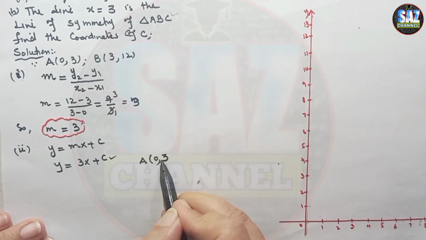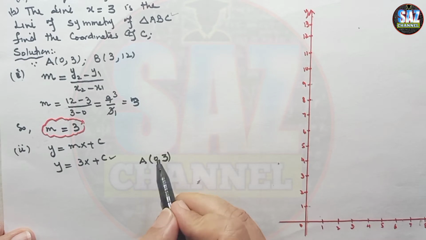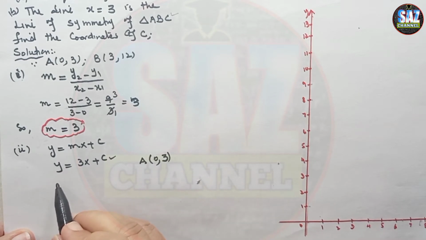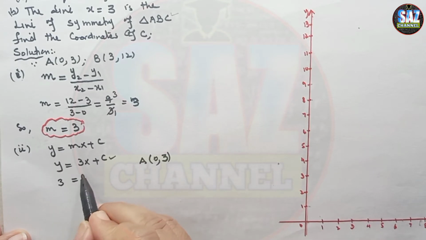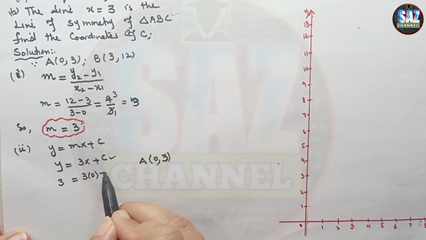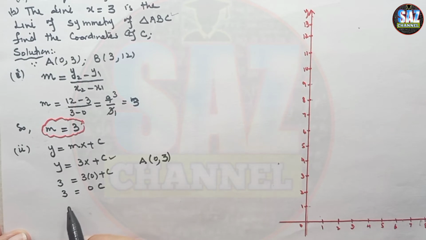So I will be choosing A (0, 3), means the x value is 0 and y value is 3. So the equation will take the form, instead of y replace 3, and instead of x replace 0, plus c. 3 times 0 is 0, and 3 equals to c. So 3 equals to c, or c equals to 3.